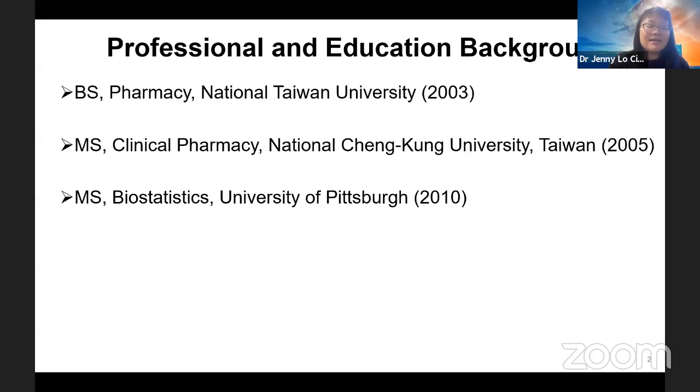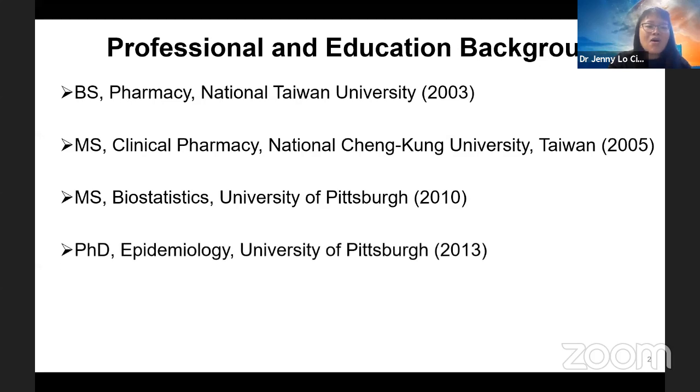During my PhD program, I decided to pursue another master's degree in biostatistics. I didn't finish my PhD until 2013, so it took me 7 years to finish both the master's and the PhD, and I can tell you the reason why.